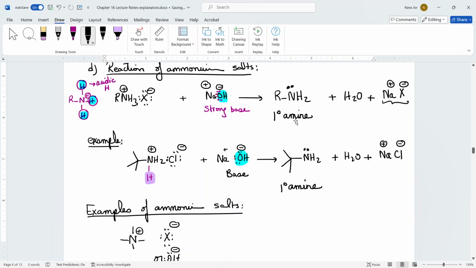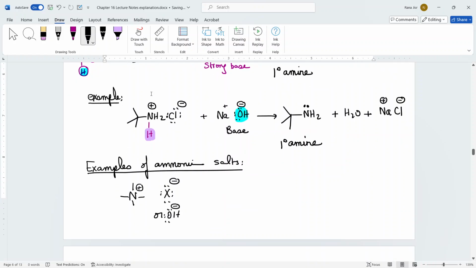Any ammonium salt that you are working with needs to have a positive part and a negative part. It doesn't matter what the negative part is. That negative part can be a halogen, it can be an OH, it can be an acetate, it really doesn't matter.